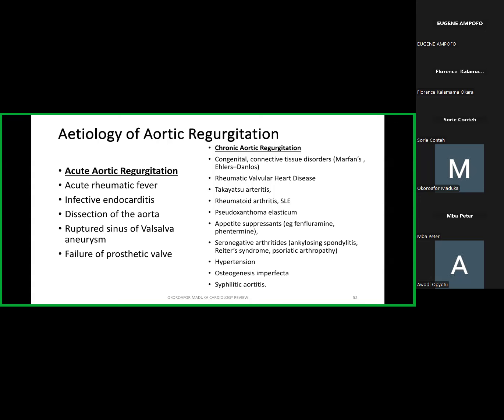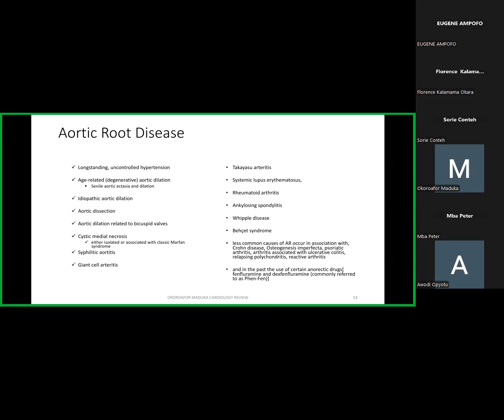Those that could cause chronic aortic regurgitation could range from syphilitic aortitis, even hypertension, vasculitides like Takayasu and the rest. So these are also other causes of aortic root disease.